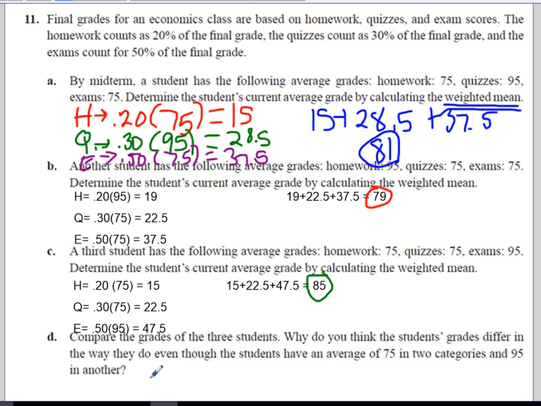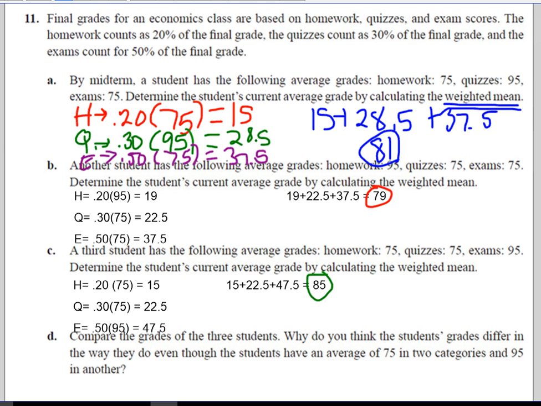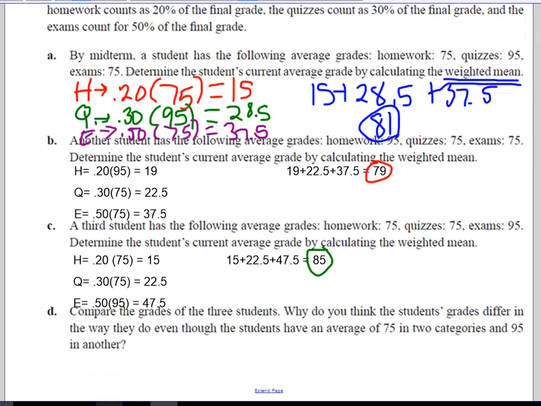So compare grades of 3 students. Why do you think the grades differ in the way they do, even though the students have an average of 75 in 2 categories and a 95 in the other? So as we saw, it was because the weights were different.